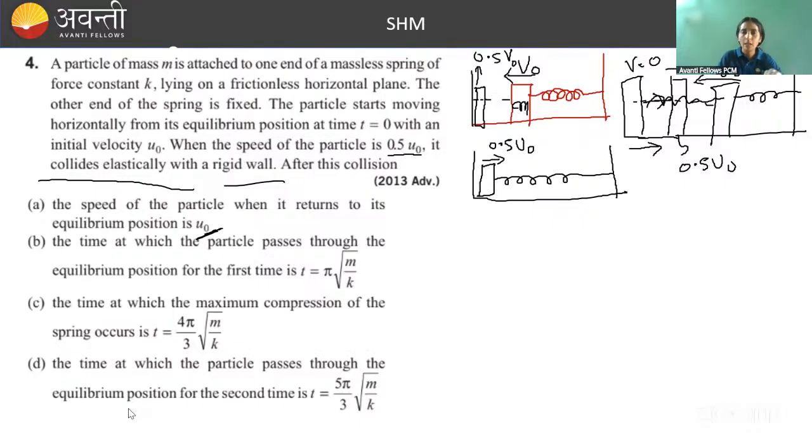It will have, right? And when it will again come back to the equilibrium position, it will again have velocity u naught, but in the opposite direction. Okay? So speed will be same, right?